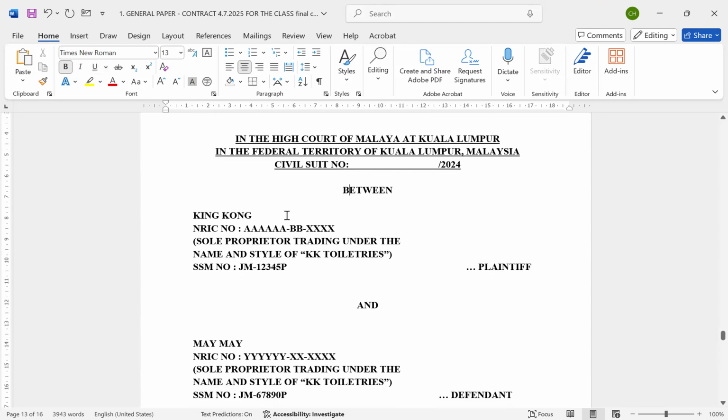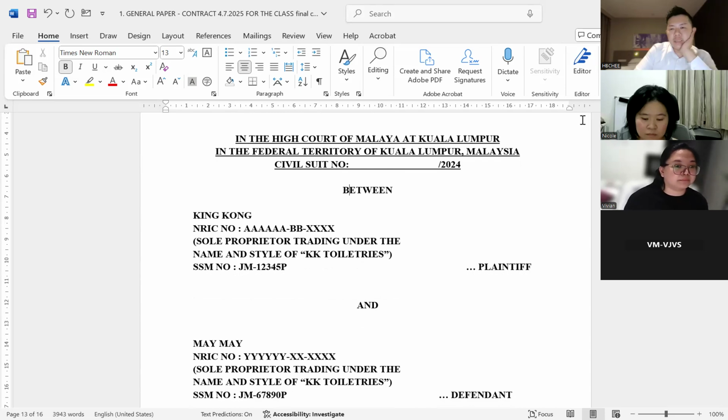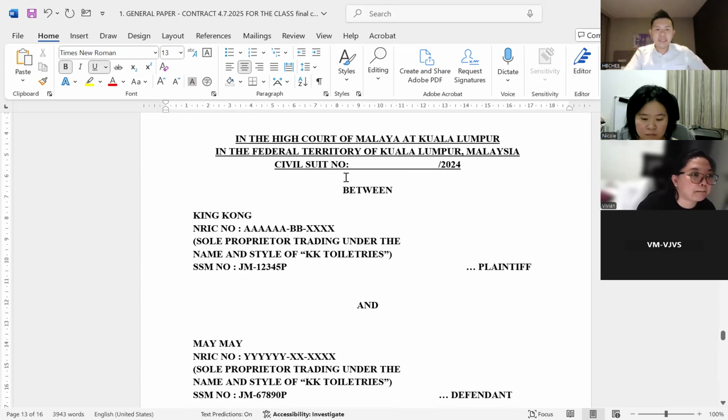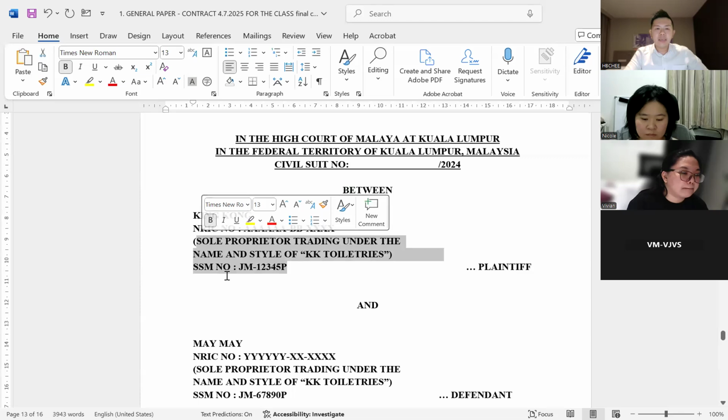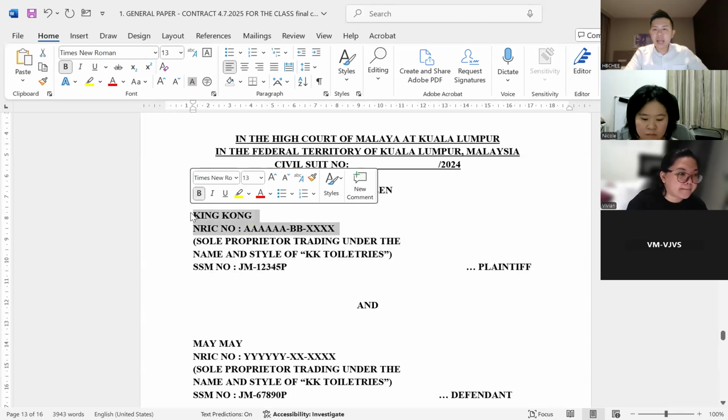And between, because this is a sole proprietor, you must sue in individual capacity. But normally in practice, we put it like this, under individual capacity.